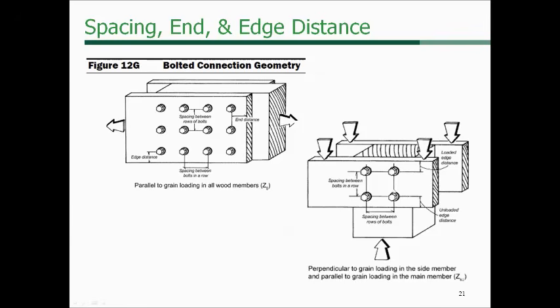Then over here on the right is a figure that shows ZS-perp, and what that means is the side member is loaded perpendicular to grain, so you see the load cells on the side member loading it up perpendicular to grain, and then the main member here is loaded parallel to grain, so this is the longitudinal axis of that main member, and it'd be just the opposite for ZM-perp. So hopefully that clarifies it a little bit for folks.